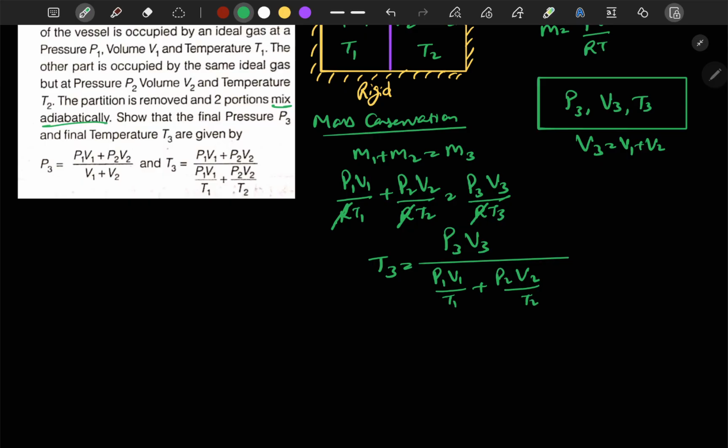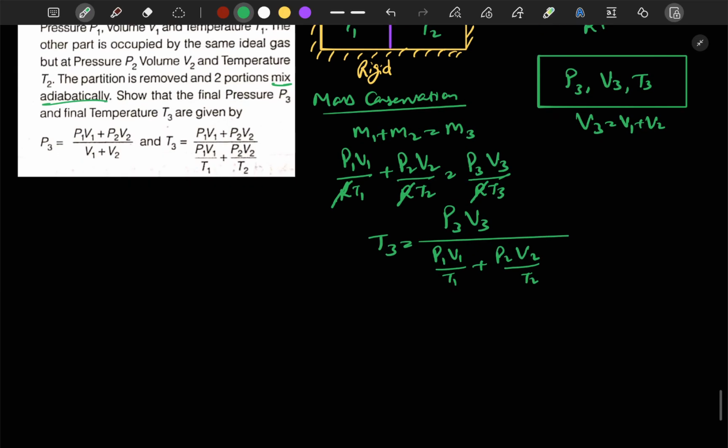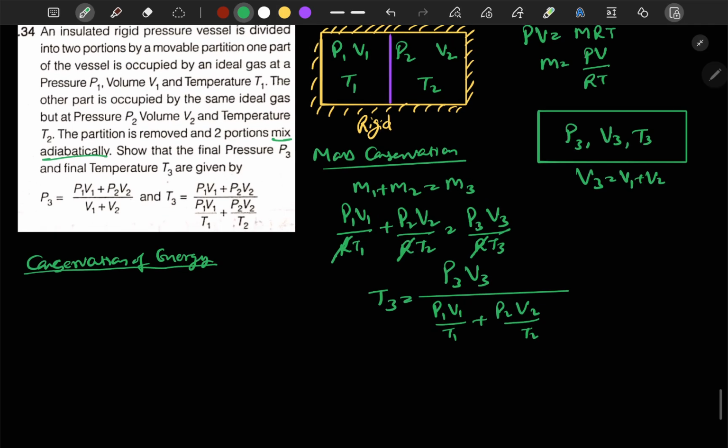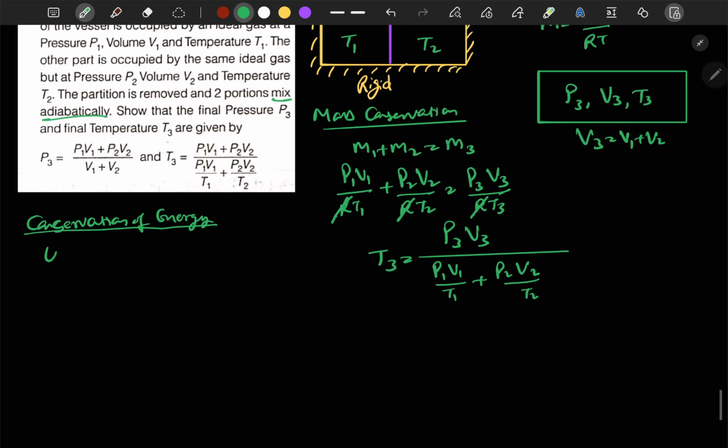Now we also have to calculate the value of P3. We know V3 is equal to V1 plus V2, so what we require is the pressure P3. For that we can apply conservation of energy. Since there is no transfer of heat or work, internal energy U1 plus U2 should be equal to U3.